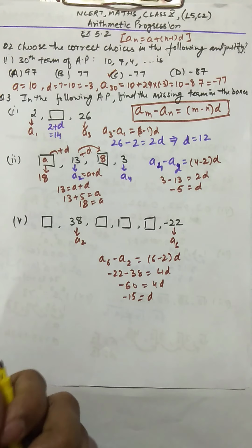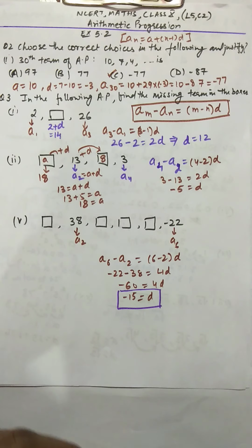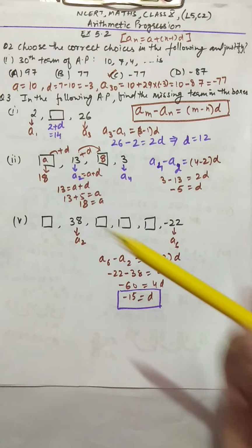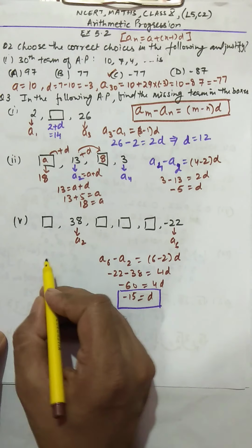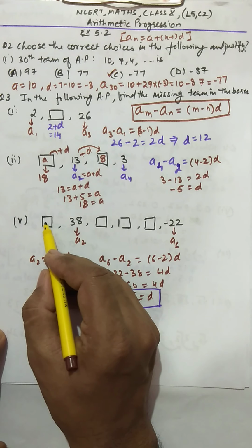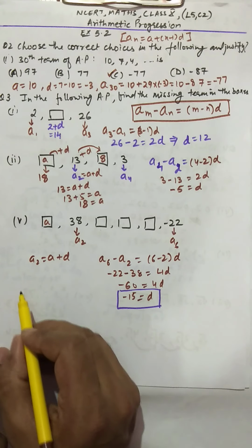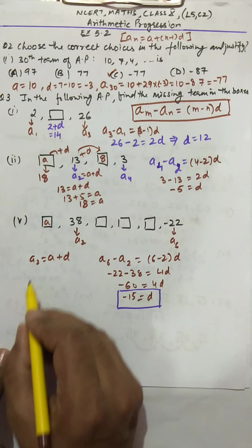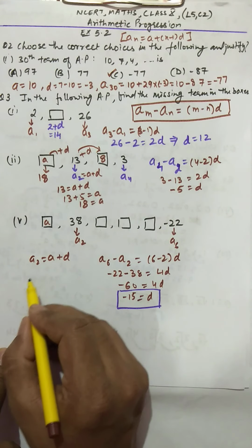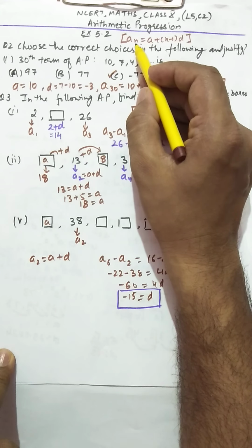Once you get D, the rest of the terms can be found very easily. We'll follow the same way as we have done in this. A2 is A plus D. This is your A. So A plus D is A2, or you can use the general formula, A2 equal to, with n equal to 2.